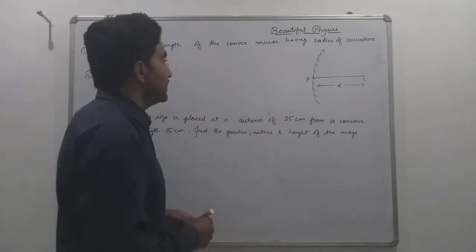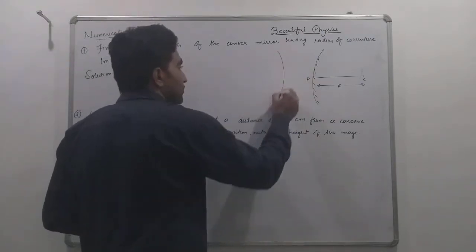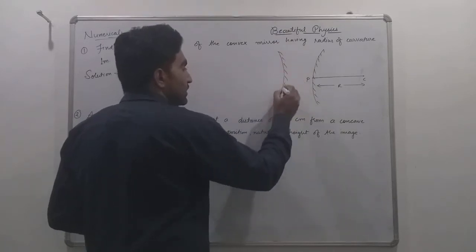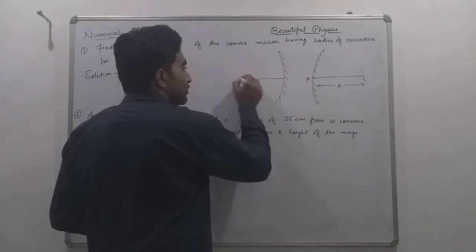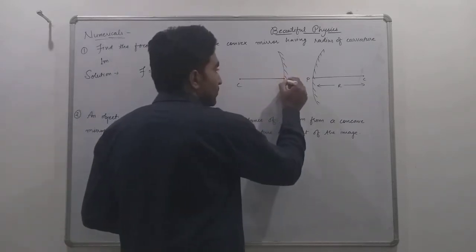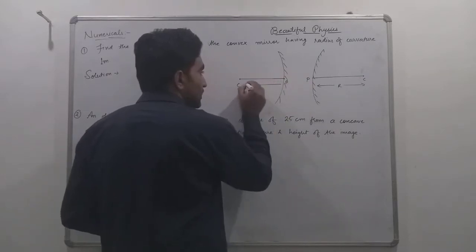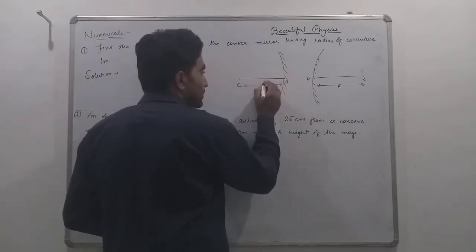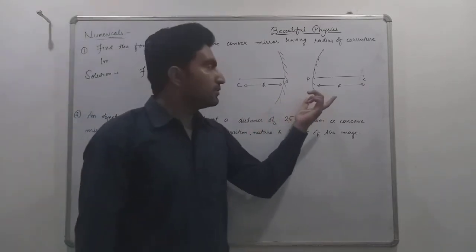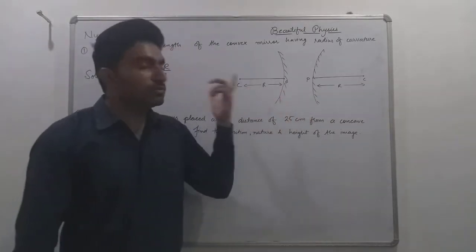If you take the case of a concave mirror, the center of curvature lies towards the left side of the pole. So here is the radius of curvature for the concave mirror.